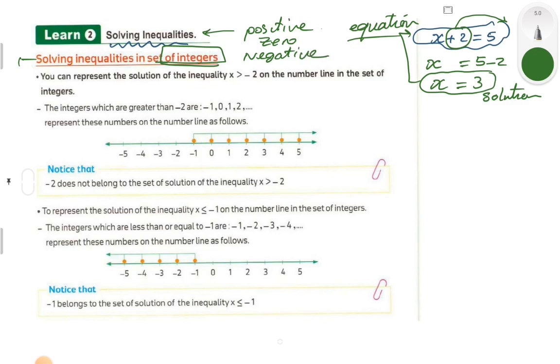Yes, maybe positive or negative or 0. Now we have an inequality x greater than minus 2. What is the number greater than minus 2? Greater than minus 2 to the right may be minus 1, 0, 1, 2, 3, 4, and so on. All of these numbers are greater than minus 2.